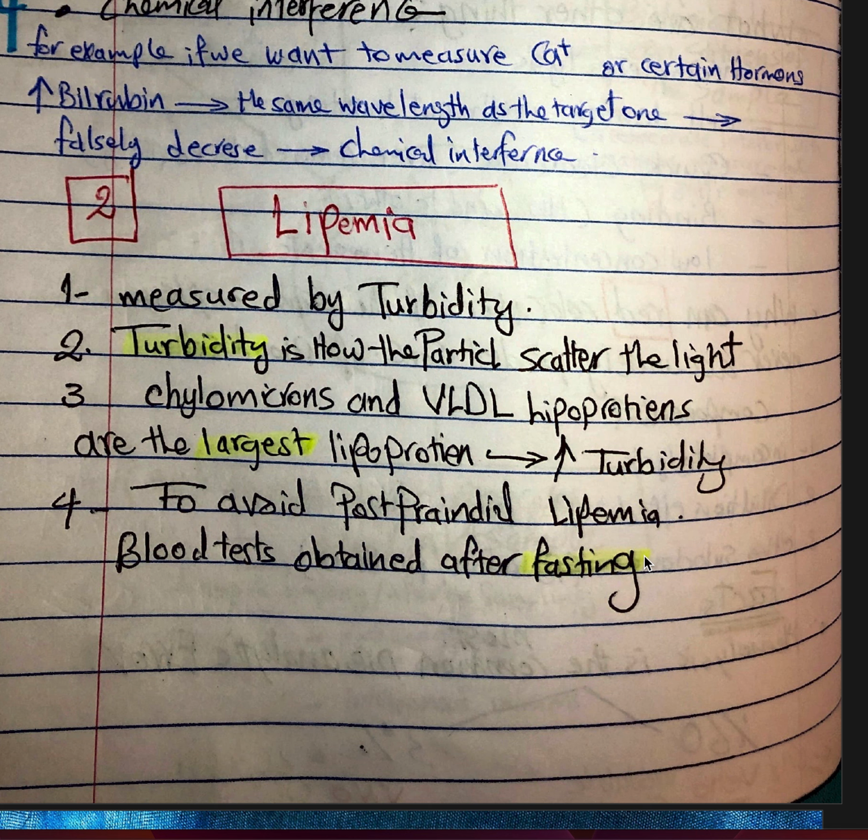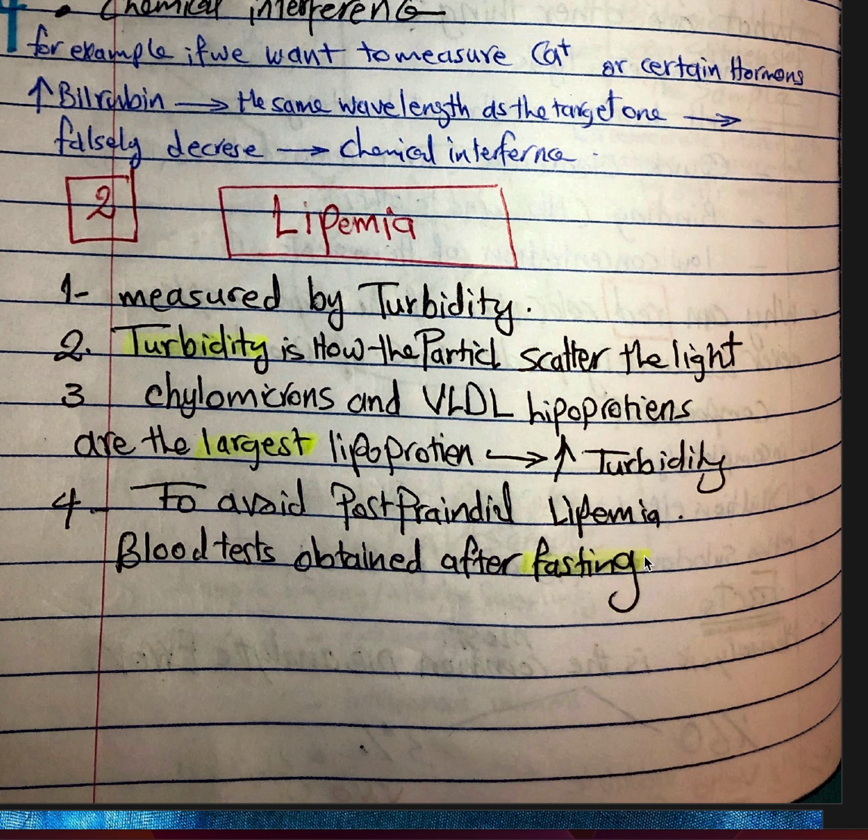Chylomicrons and very low density lipoproteins are the largest lipoproteins, so they increase the turbidity. What we understand from this is that increasing the volume of these lipids increases the turbidity. So there is a proportional relationship between the size of the lipoproteins and the turbidity.